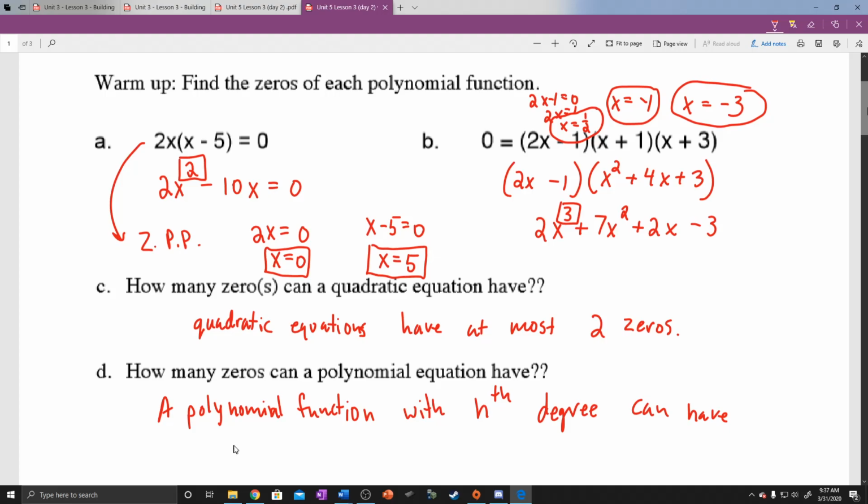In other words, it can only have as many zeros as the highest exponent. So if it's a 5th degree polynomial, it could only have 5 zeros. It can have at most. And we'll see what I mean by this "at most" in a second. At most n zeros.